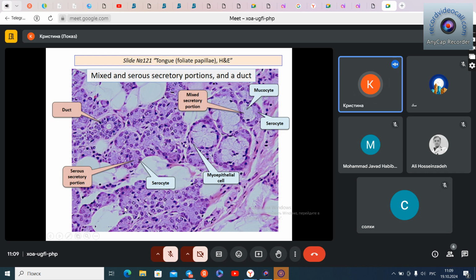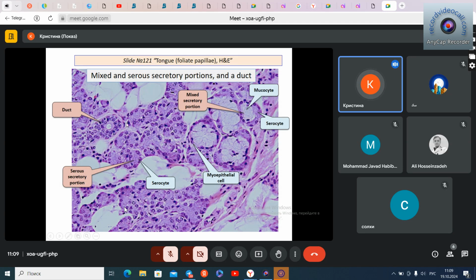Myoepithelial cells are seen as the flattened nuclei outside of the main mucus or serous producing cells. So these are serocytes with the serous secretory portions. Here we see mixed secretory portions with myoepithelial cells, mucocytes and serocytes at the periphery.